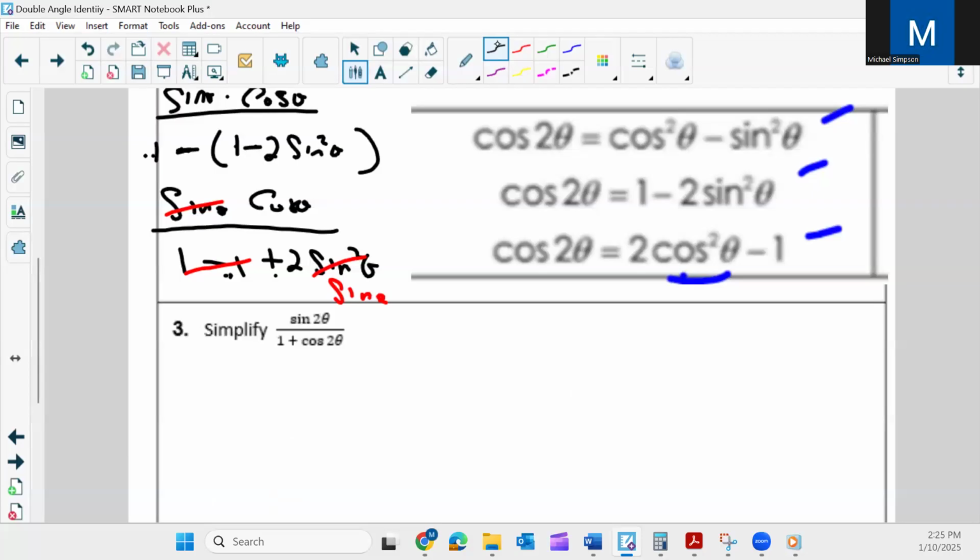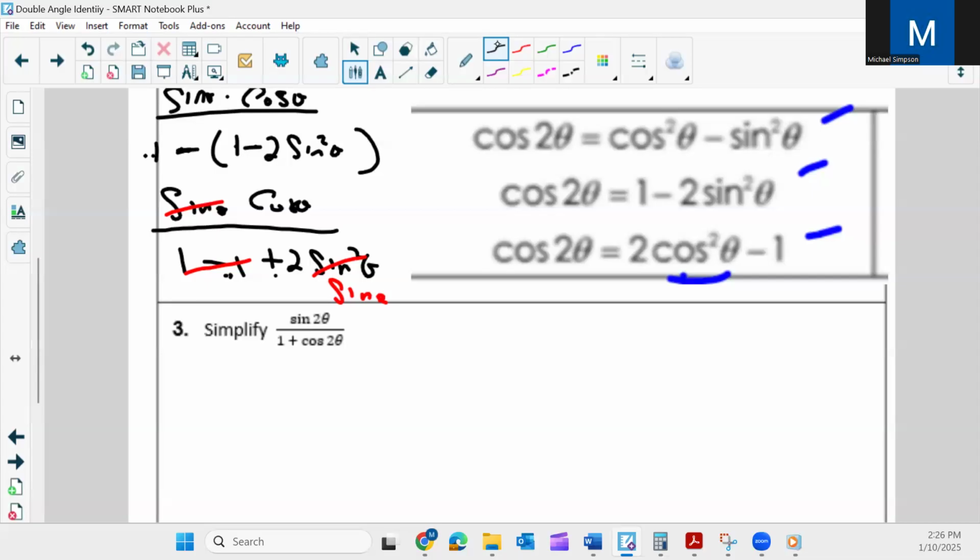Yes, you do. Go back here and do the double angle. What's the first one left? Sine theta, what is that equal to? Oh, sine 2 theta equals 2 sine cosine. Okay. I didn't know we could do two at the same time. Okay, that helps. Thank you, sir. All right, cool.